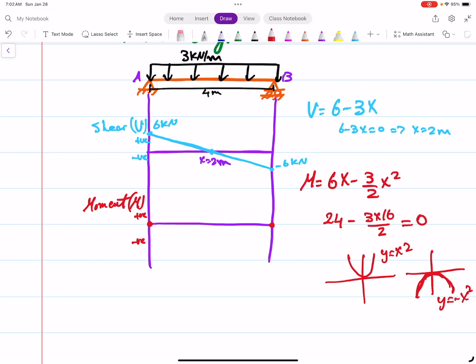But we don't know the value of the moment at x equal 2 or any point between 0 and 4. So let's substitute at x equal 2. At x equal 2, the moment is 12 minus 3 over 2 times 4. How much is this? 6 kilonewton meter.